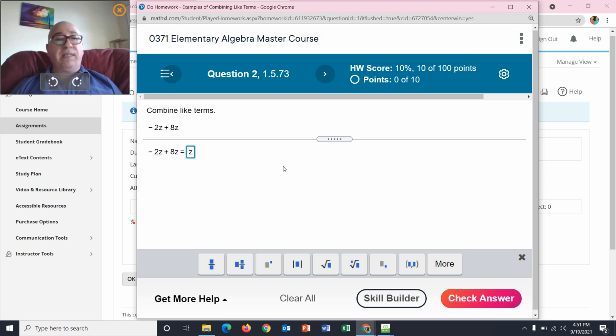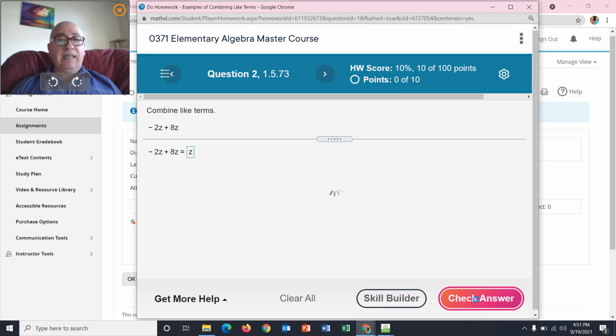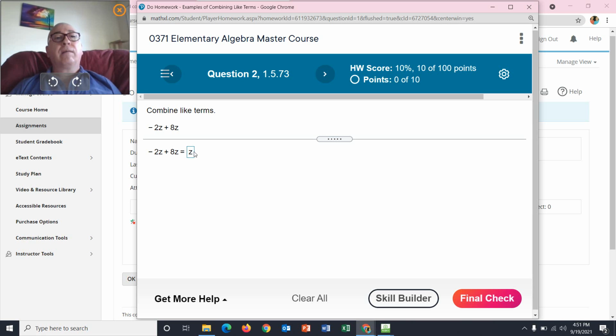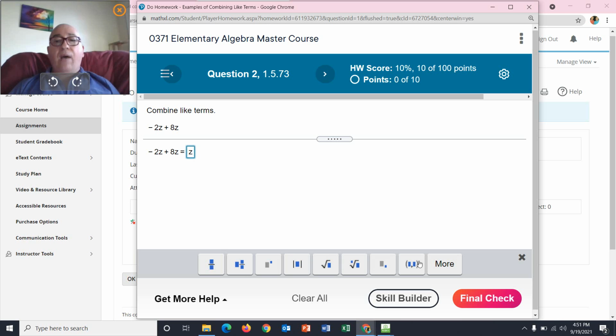The answer should be 6z. Suppose I just type in the z and check it. Okay. I get to try again. Down here, you'll notice it says final check. That means if I don't get it right now, I'm going to get an X on this one.